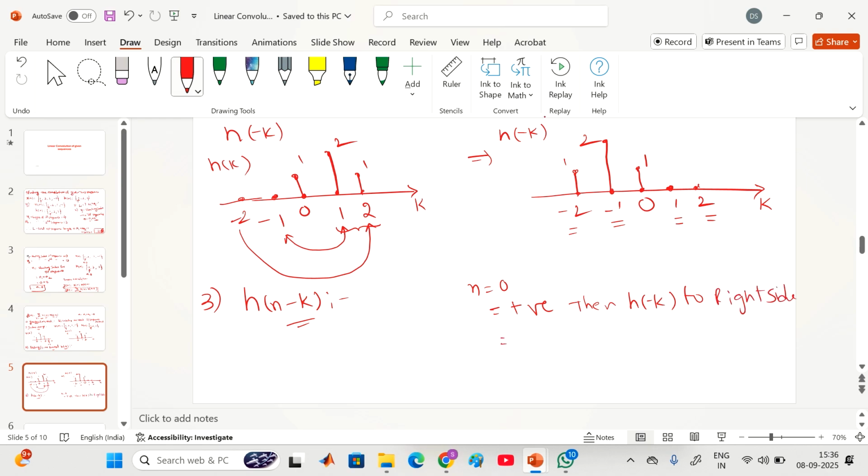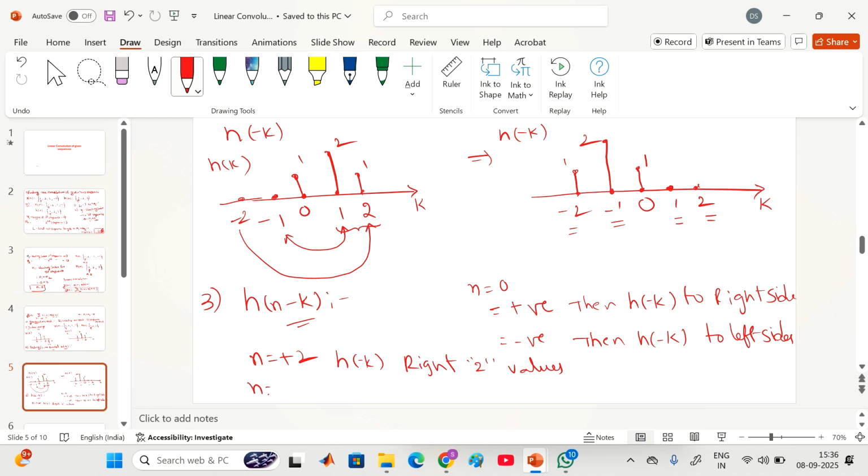If n is negative, then h of minus k will be shifted to the left side, by the n value. Suppose n is equal to plus 2, then h of minus k will be shifted to the right side by 2 index values.